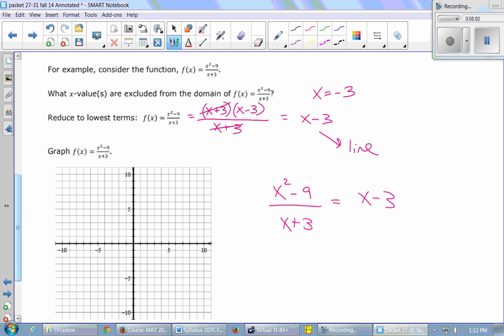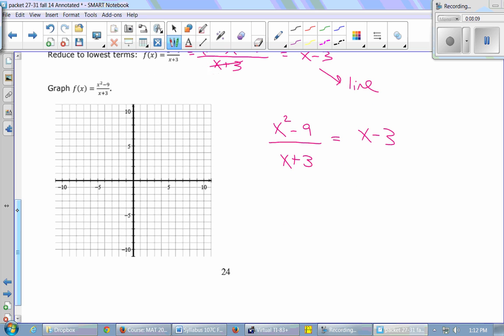I can't do it. So these two things are the same at every x value except when x is -3. So this is true for every x except x equals -3. So I can just graph the line x minus 3. I just have to put a hole in it at -3.